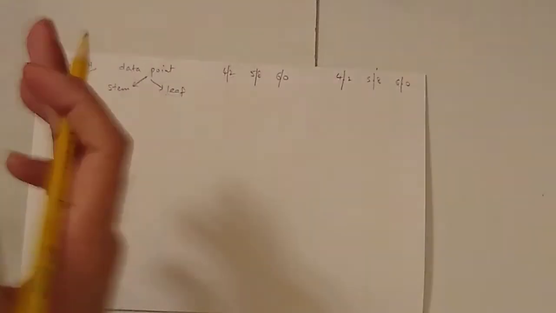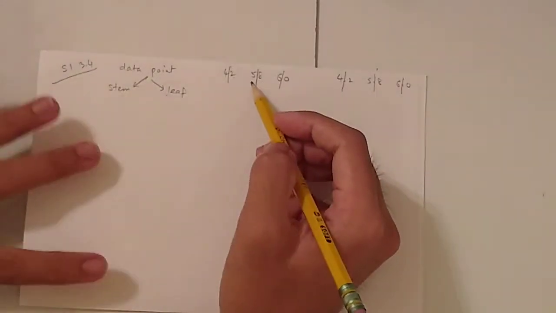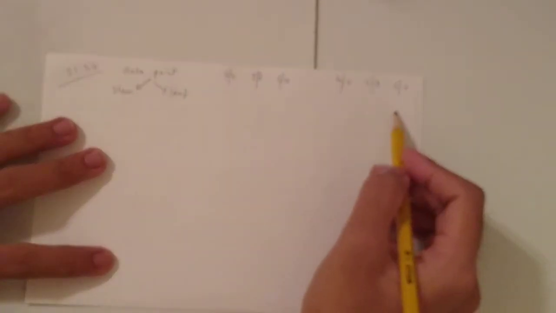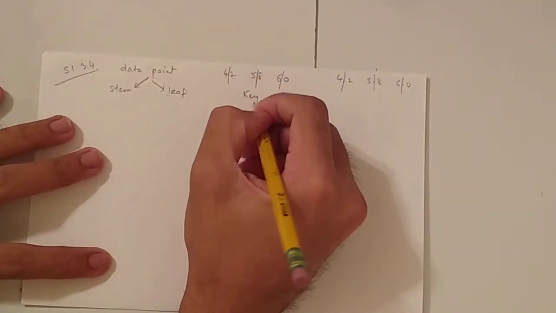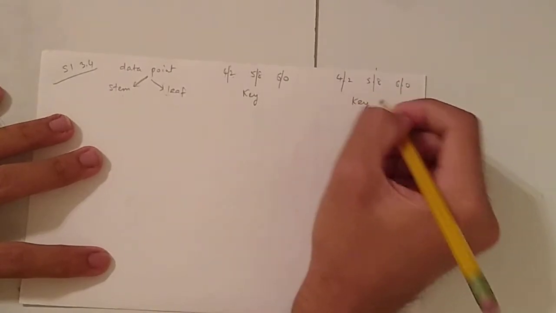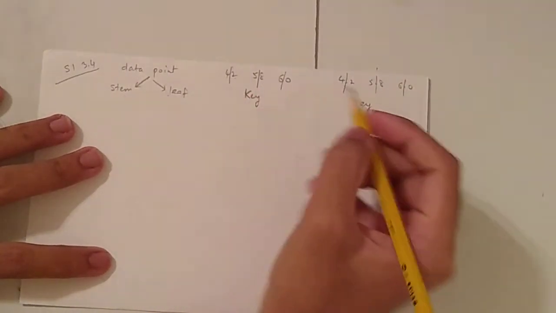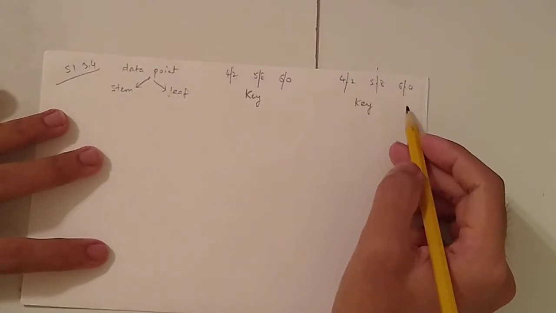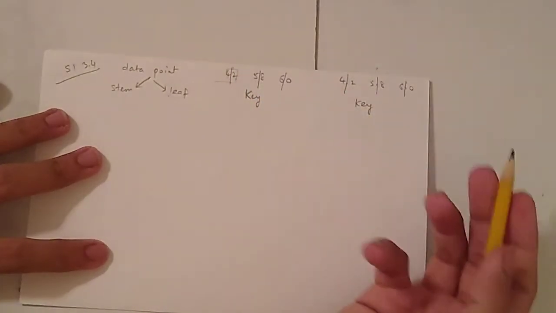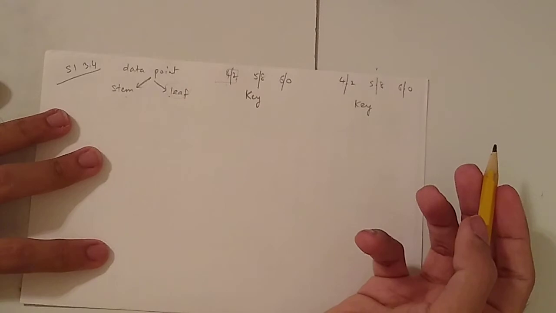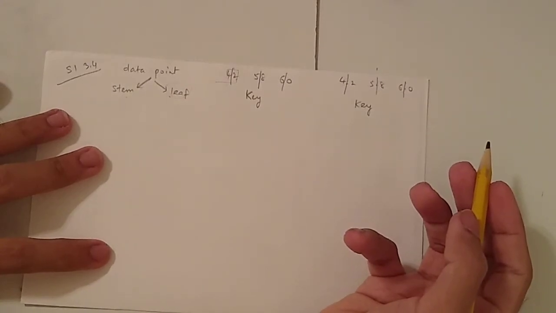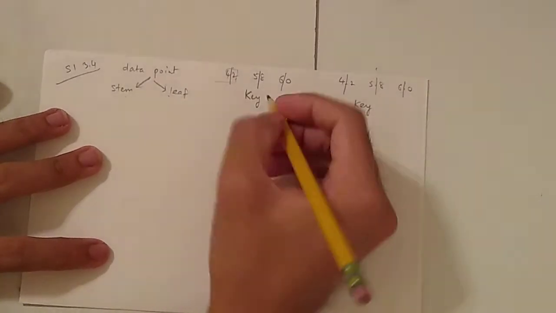So in each question, the way you break down the stem and leaf could be different, and the only thing is that once you're done with breaking down the stem and the leaf, you need to put down a key, so that whoever is reading your stem and leaf diagram is able to understand what, let's say, 4 | 2 means. Does 4 | 2 mean 42, or 4.2, or 420?